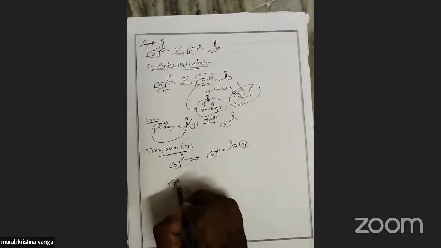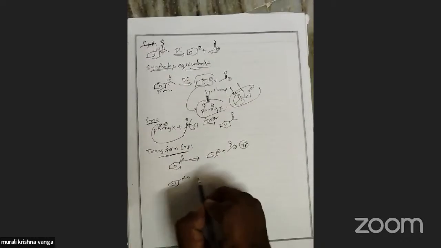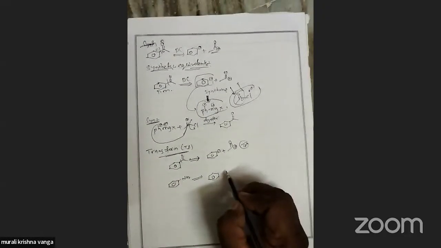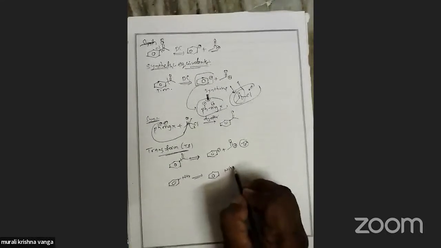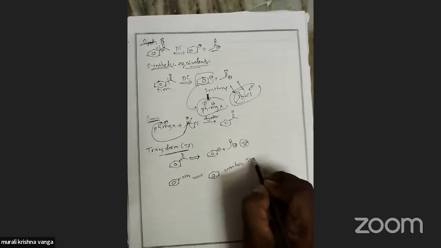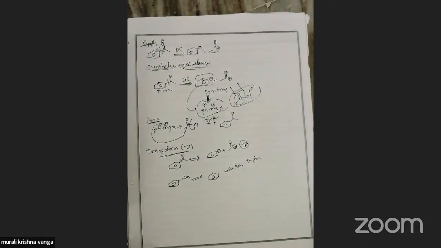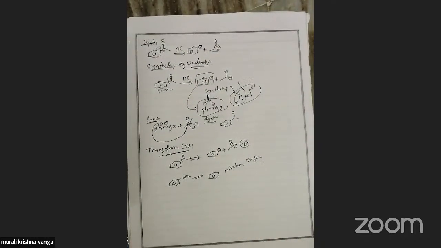Previously I took nitrobenzene. When nitrobenzene is the product, this is called a nitration transform. A transform simply represents the reverse of the reaction.